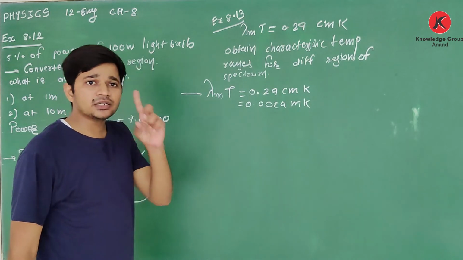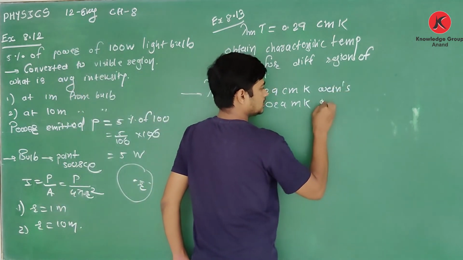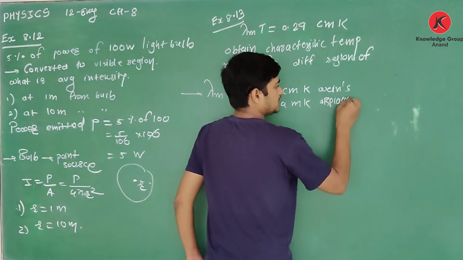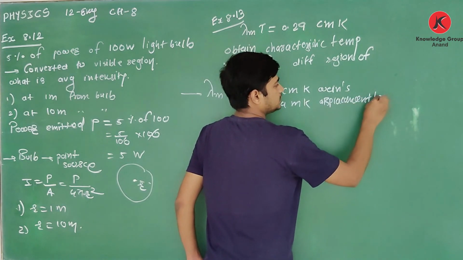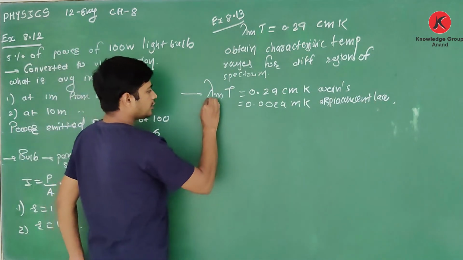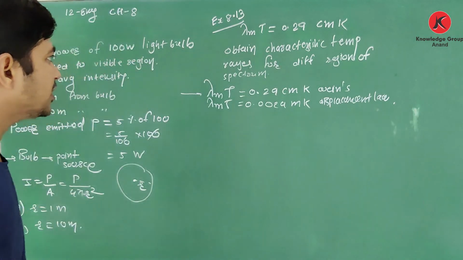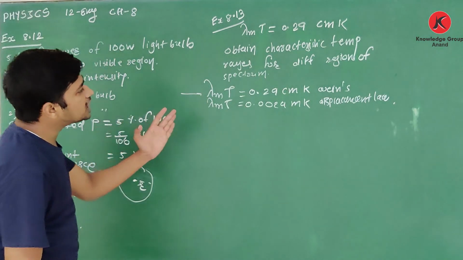It is nothing but Wien's displacement law. From this you have to find the temperature range for different regions of the spectrum.